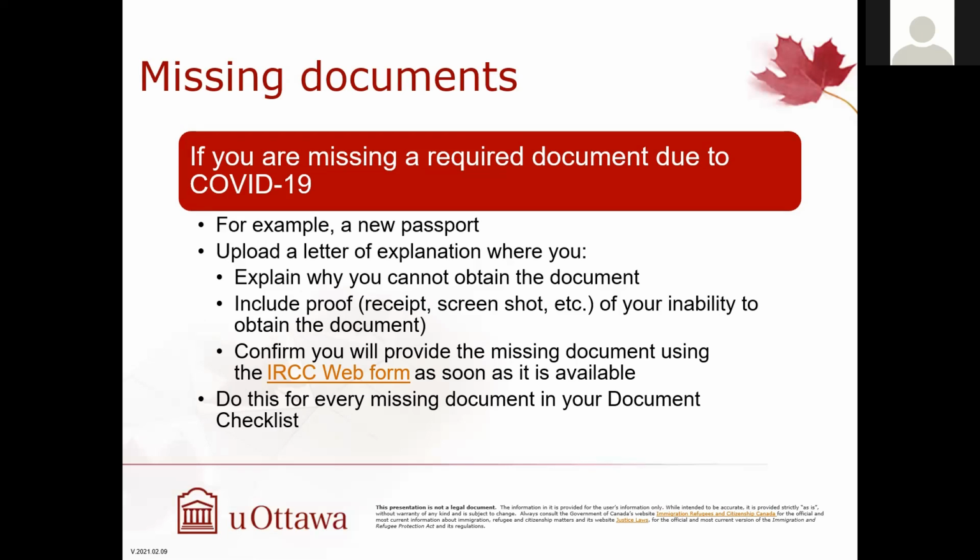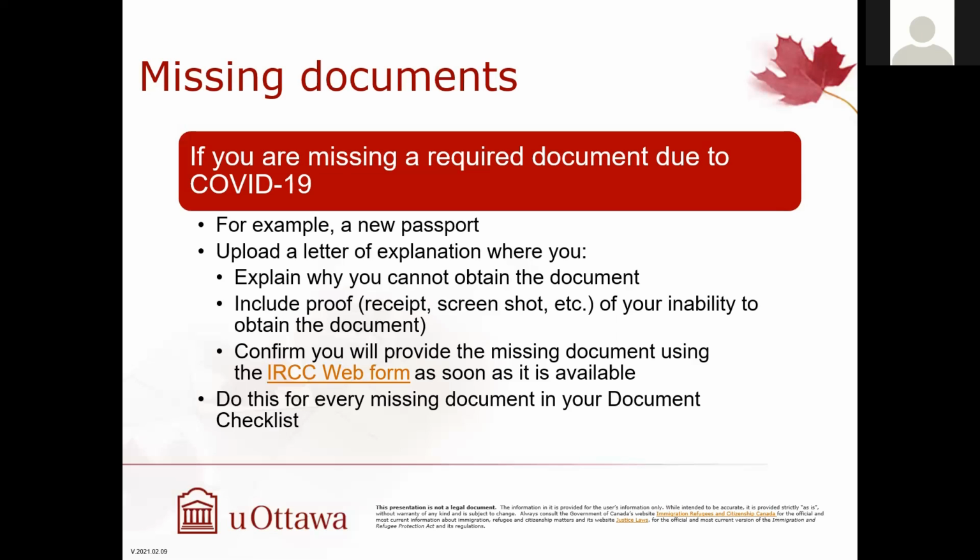So if you have a receipt that says it's going to take 6 months, or an email, or a receipt showing that you paid the processing fee for a new passport, something that corroborates what you're saying in your letter, and then mention that you'll provide the missing document as soon as it's available using the IRCC web form. So that's one way that you can request to maintain your status while you wait for your new passport.